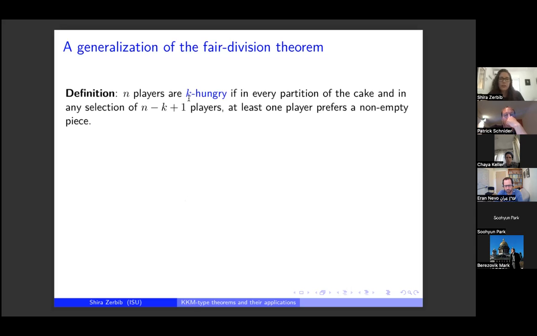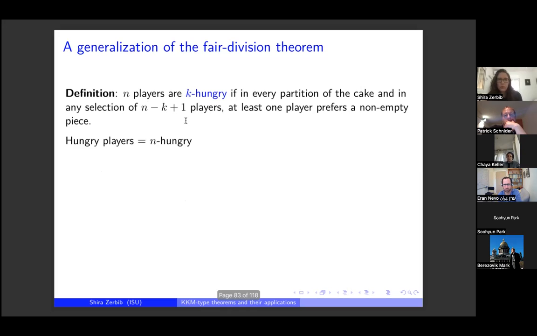N players are said to be k-hungry if in every partition of the cake and in any selection of n minus k plus 1 players, at least one player among these n minus k plus 1 players prefers a non-empty piece.